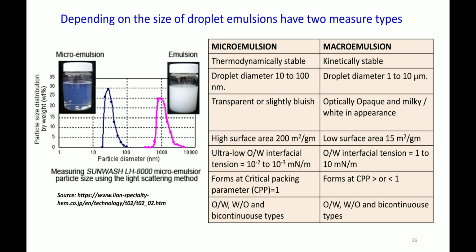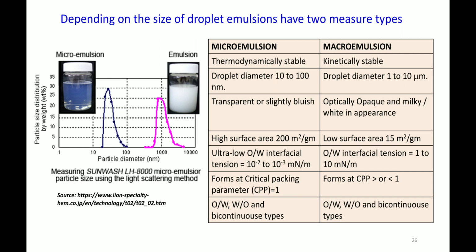If you are giving vibrations for a longer time, then the emulsion becomes stable. So we call this kinetically stable. But for microemulsion, we don't need to give the vibrational energy. We have to give some sort of heat energy.